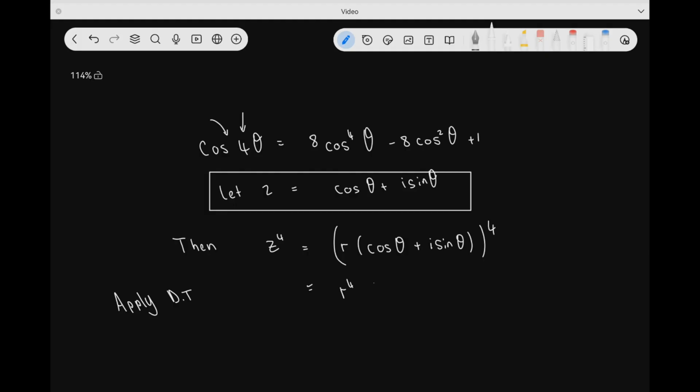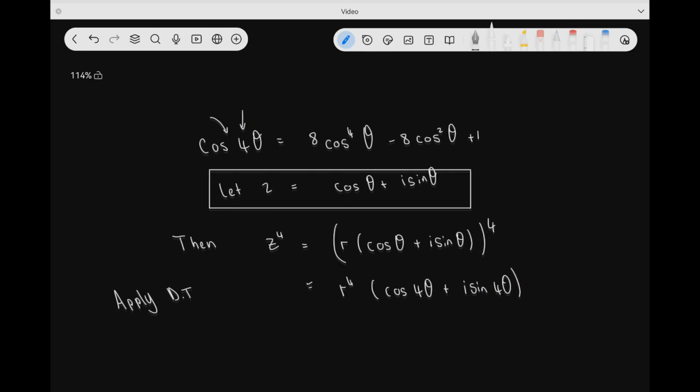So I have r to the 4 times cosine 4 theta plus i sine 4 theta. Okay, so look at what we just discovered. We just discovered this cosine 4 theta, and it's very similar to what they're trying to ask us.